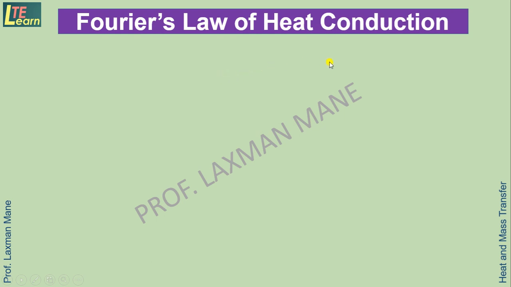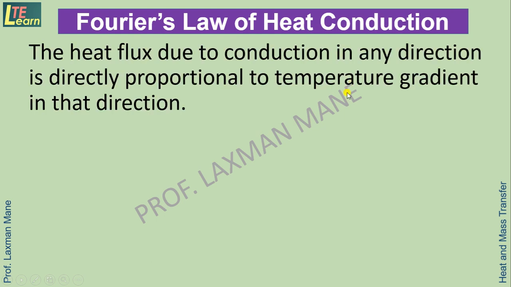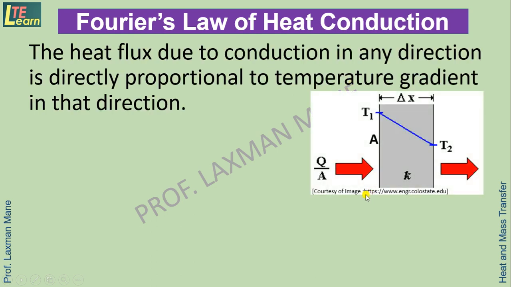Fourier's law of heat conduction. The heat flux due to conduction in any direction is directly proportional to temperature gradient in that direction. So here in this diagram, Q by A, meaning heat flux, is shown in the direction of heat transfer.